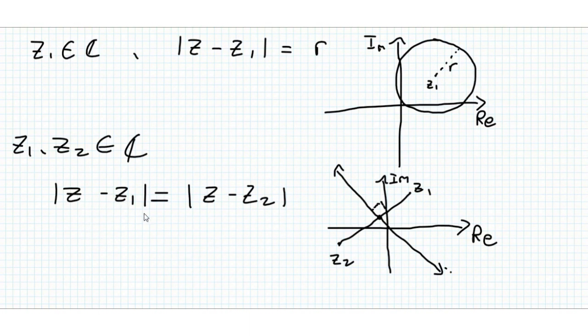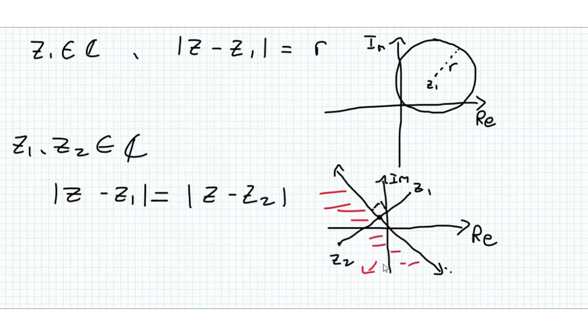So we want the modulus of z minus z1 to be greater than the modulus of z minus z2? Well, that just means z has to be further away from z1 than it is from z2. And when is z further away from z1 than it is from z2? Well, that's in this red segment beyond this line, okay?